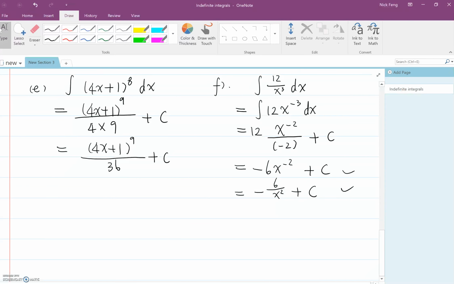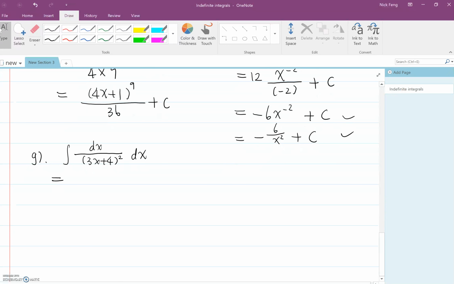Okay, now let's take a look at some more. Next one is G. More advanced question. In this case, we have a combination of what we had done before. We're integrating 1 over 3x plus 4 all squared.